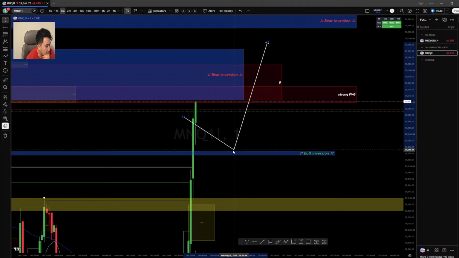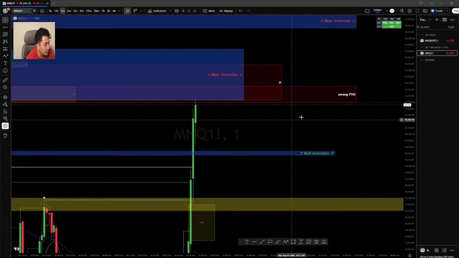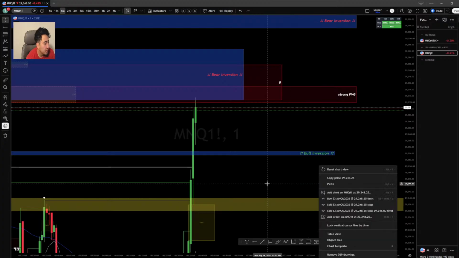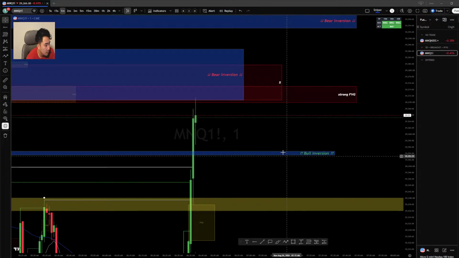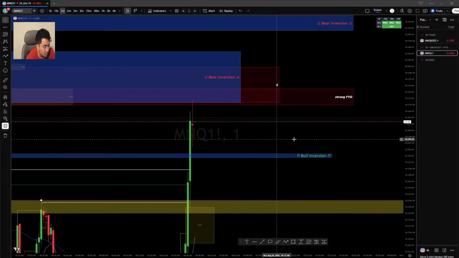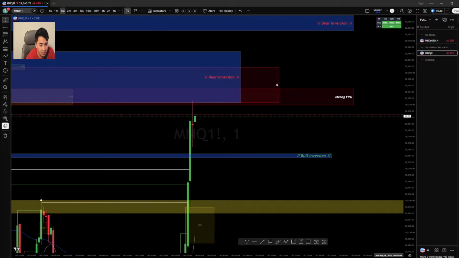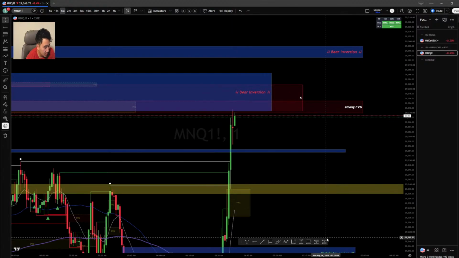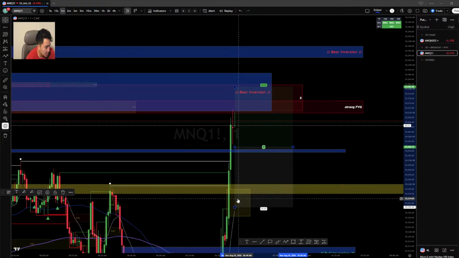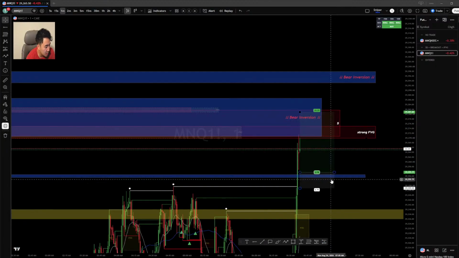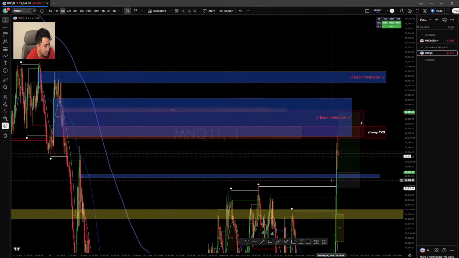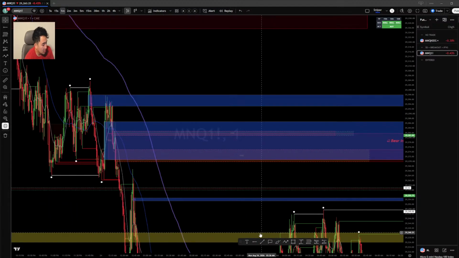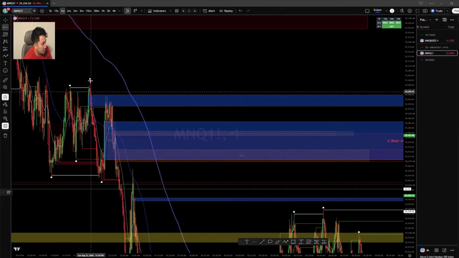Once that 5 minute gap is closed, then we'll be fine. It's got another like 2 minutes on that 5 minute gap. If that gap closes and price can pull back into here, then we could look for an entry from this bullish inversion, and then target this 1 minute liquidity all the way up here.